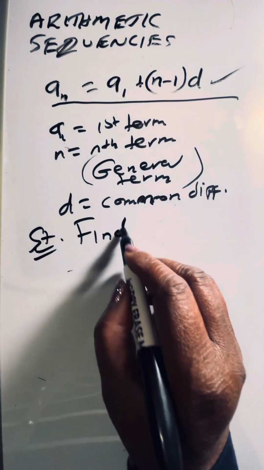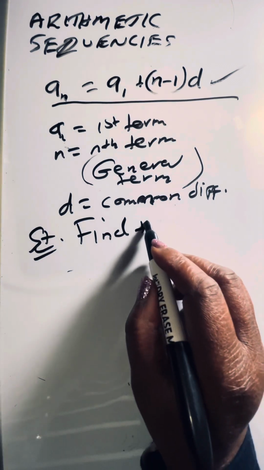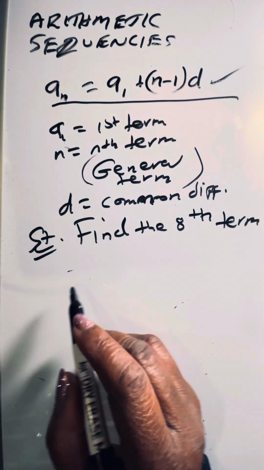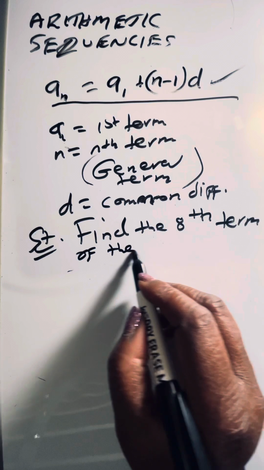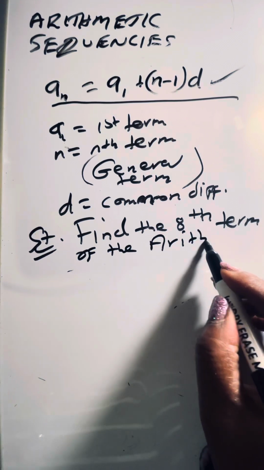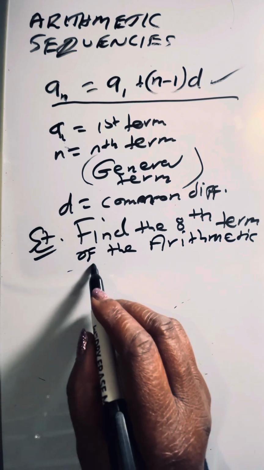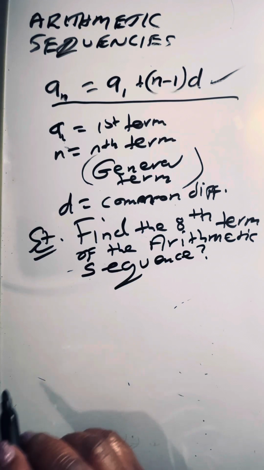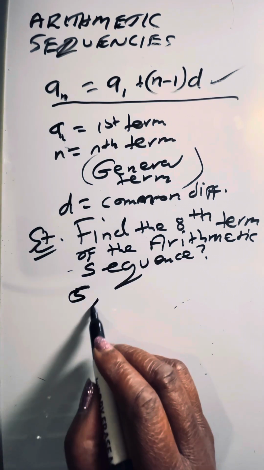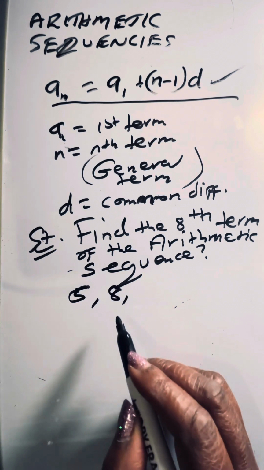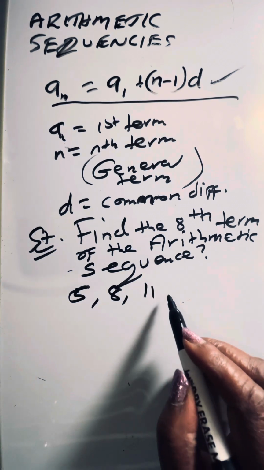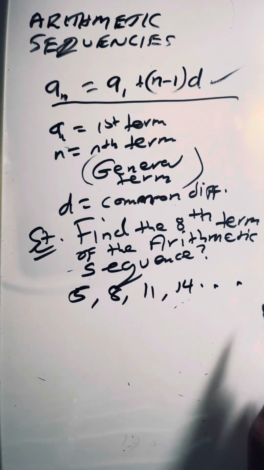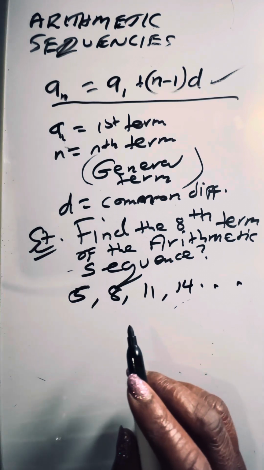If you are given this problem: find the 8th term of the arithmetic sequence. The sequence has 5 as its first term, 8, 11, 14. So if we are to continue this sequence, they want us to find the 8th term.